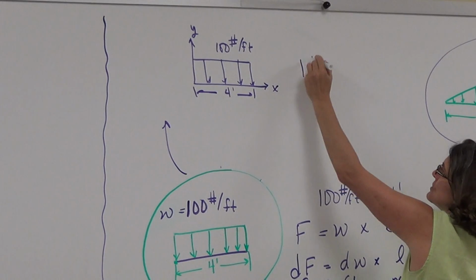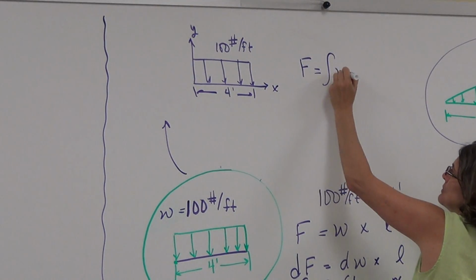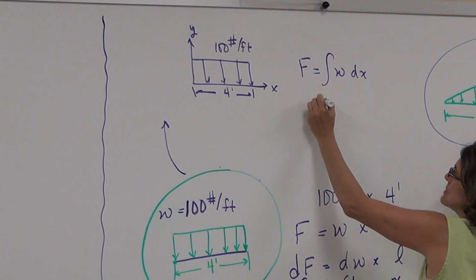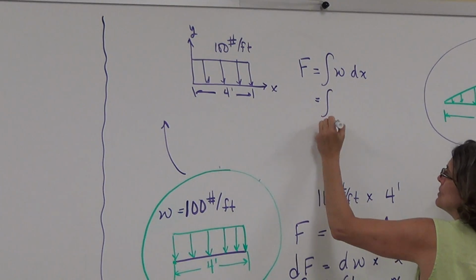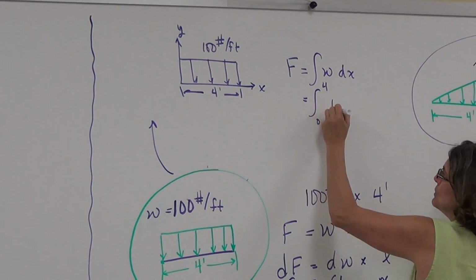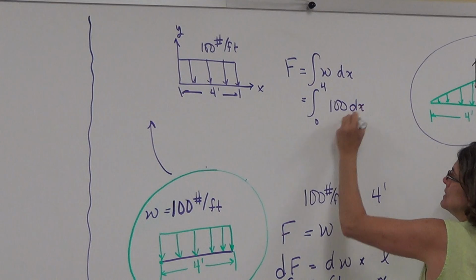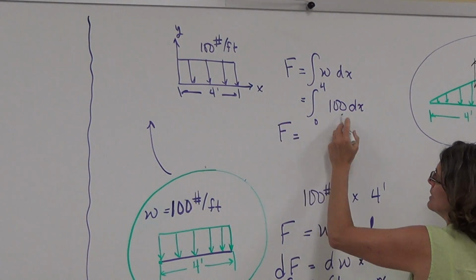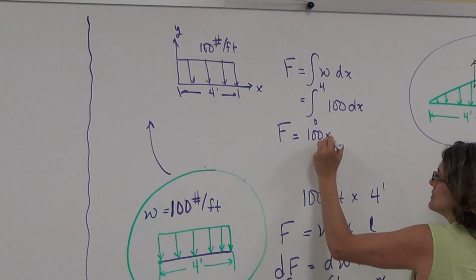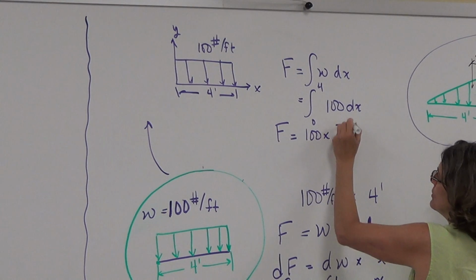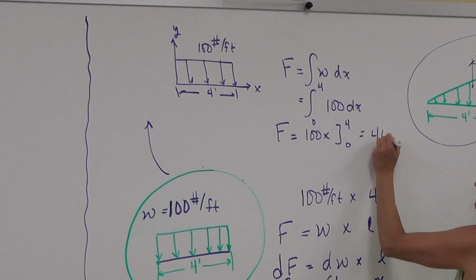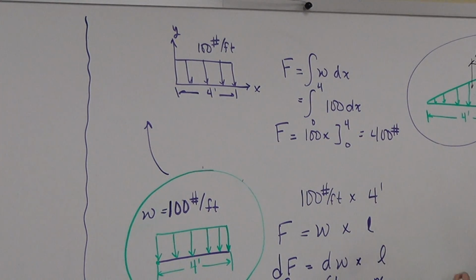So my force is going to be equal to the integration of w dx, the integration from 0 to 4 of w, which is 100, dx. So what's F going to turn out to be? This is 100x from 0 to 4, and it comes out to be 400 pounds.